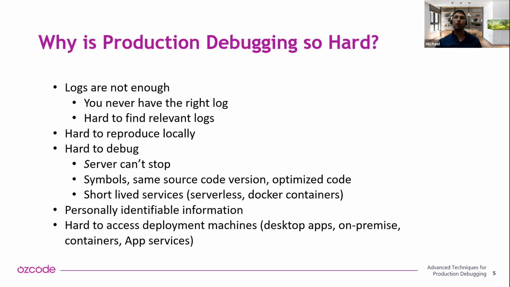So you have to go with your laptop to the factory and physically connect to the machine. Finally, there are deployment targets like Azure App Service, where you can't remote desktop to that machine. You have just the command line, so you can't use a lot of the tools you're used to.